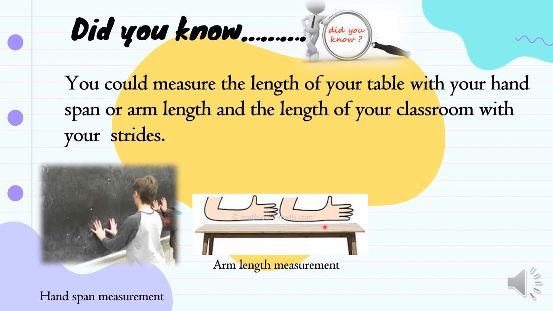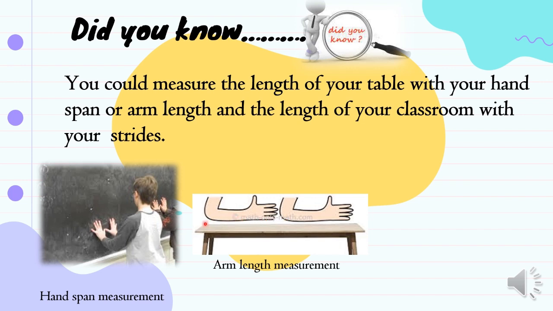Look at this arm length measurement. A pupil is using arm length to measure a table. Can you see? After you place an arm length, you could mark from one elbow to your fingers with a pencil on the table.